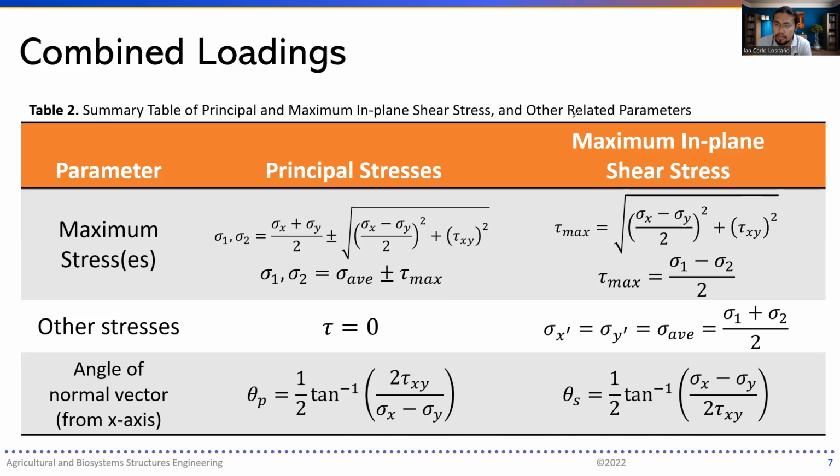And shear max is actually sigma 1 minus sigma 2 all over 2. Now when you have your principal stress, the body is actually experiencing zero shear stress. But when it's at the maximum shear stress, the portion is experiencing the average of the maximum stresses.